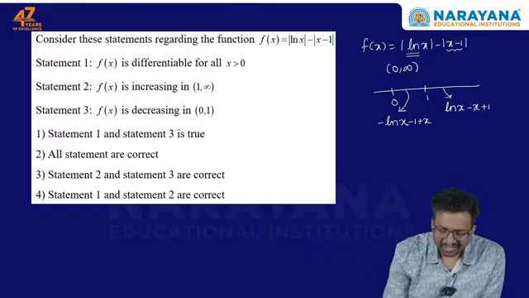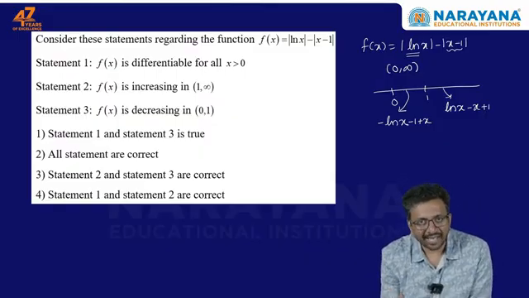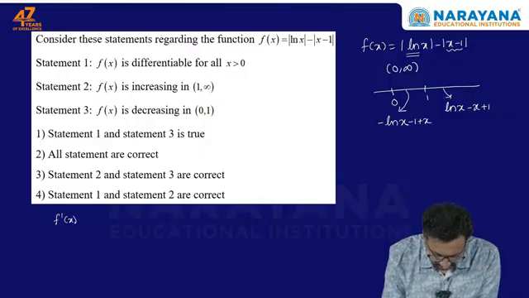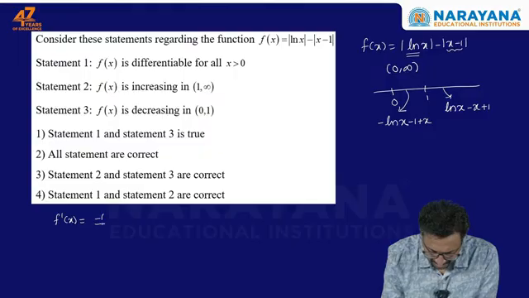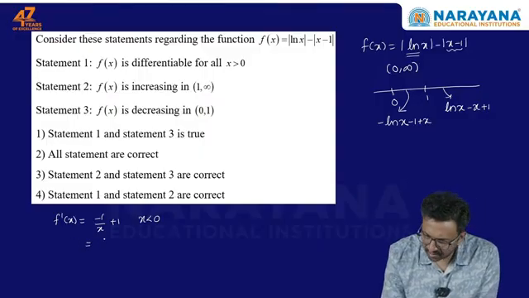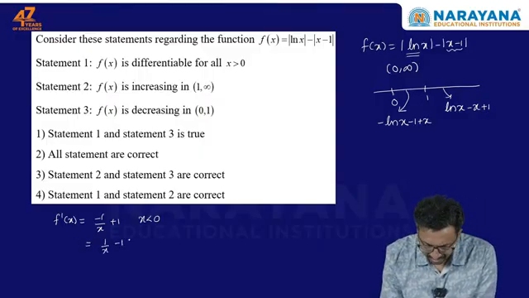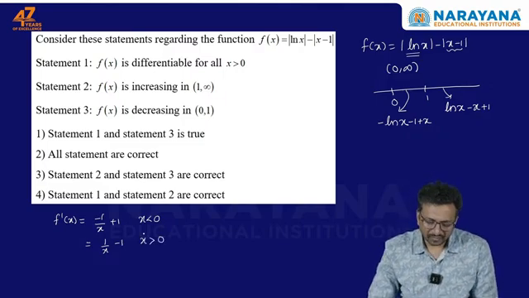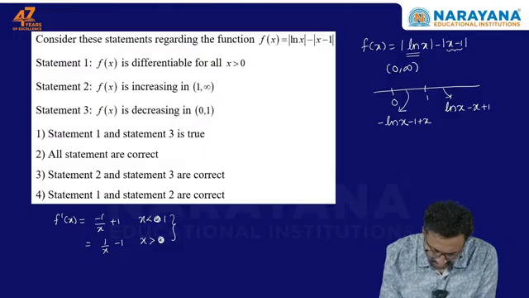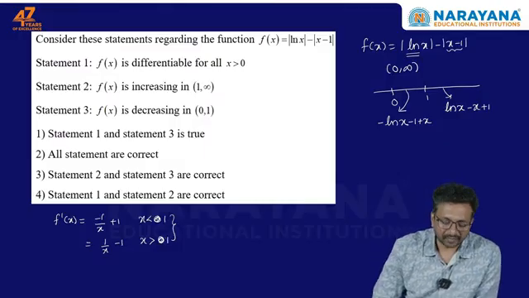Okay, so the functions are quite easy to analyze. Let us try to analyze. So f dash of x is equal to minus 1 by x plus 1 if x is less than 1. So this is equal to 1 by x minus 1 if x is greater than 1, correct?